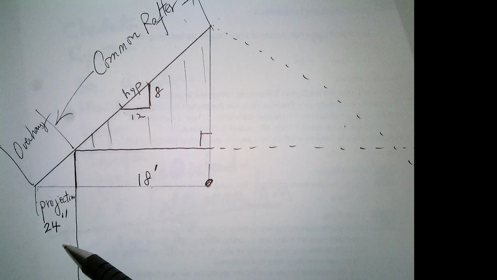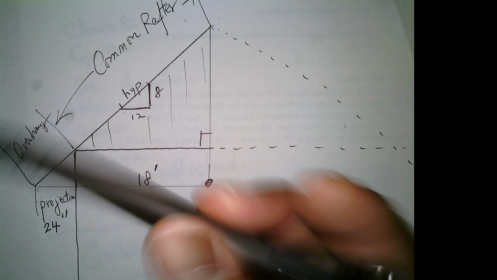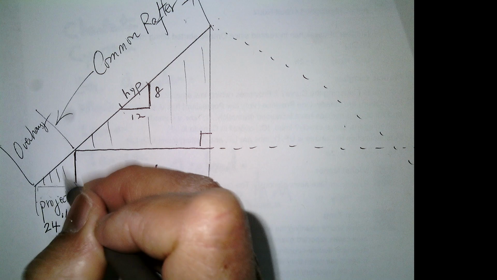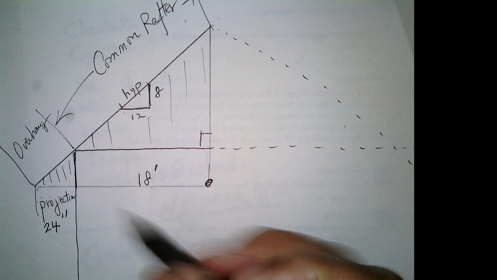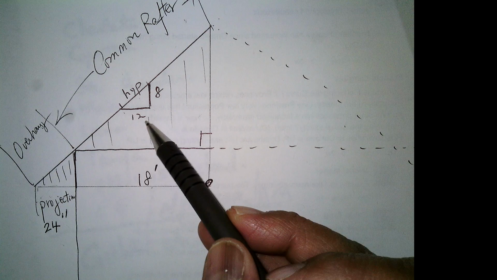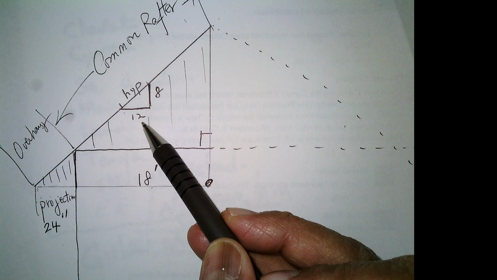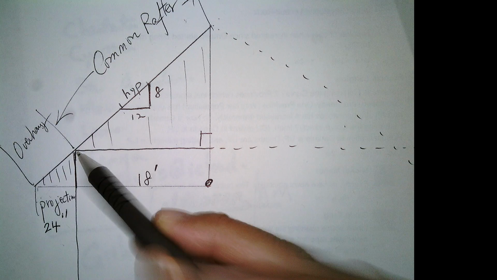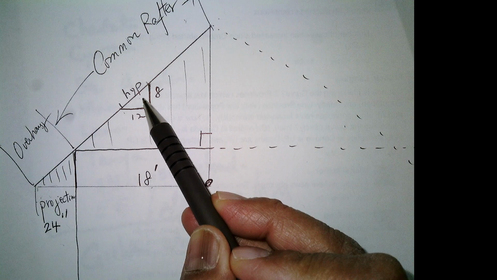So later on for the overhang, we look at this triangle, same idea. The projection is 24 inches, which is twice 12 inches. So the overhang would be 2 times the hypotenuse.